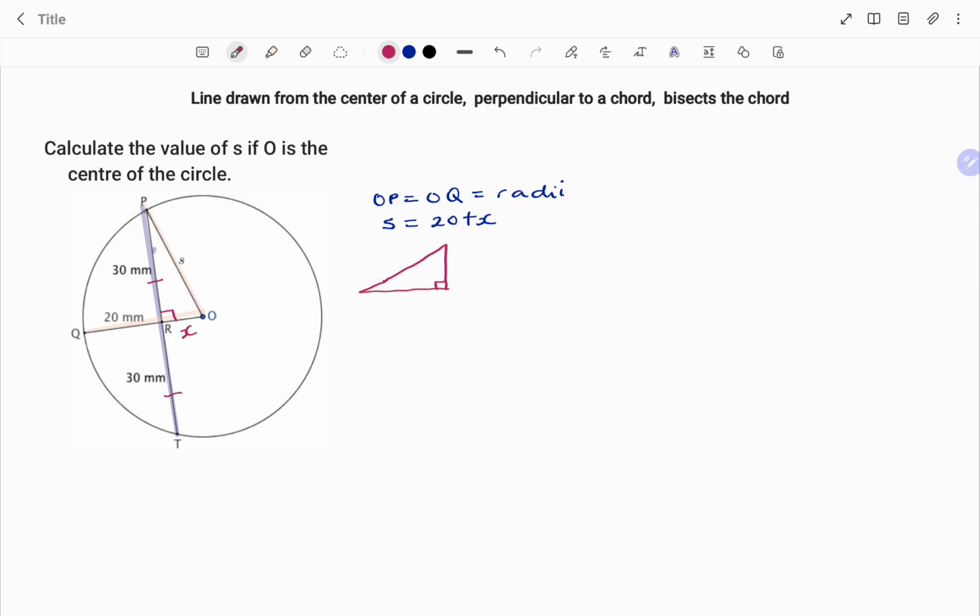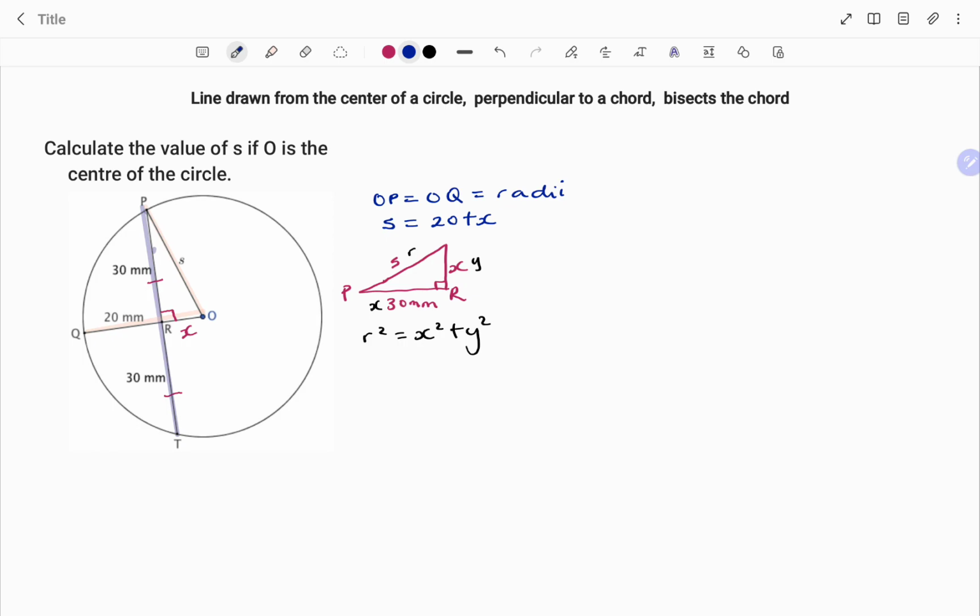There's a right angle triangle. This is my P. I have the long side, the hypotenuse, S, X, and the distance PR to be 30 millimeters. Using the Pythagoras theorem, this is my R, this is my Y, and this is my X, such that R squared equals X squared plus Y squared.